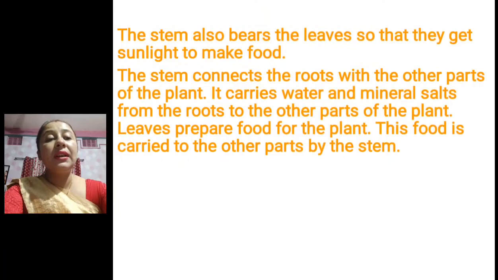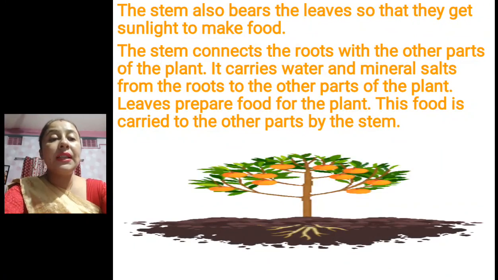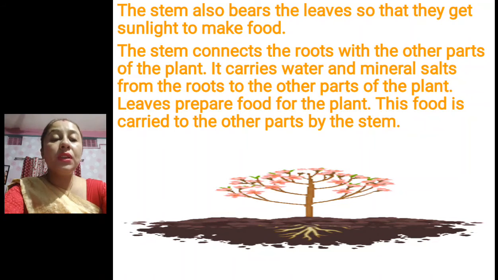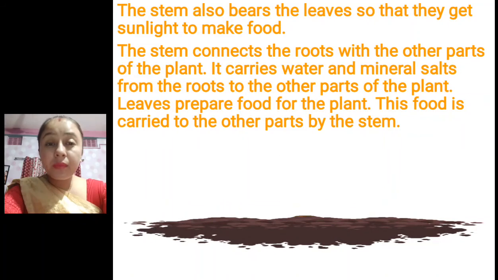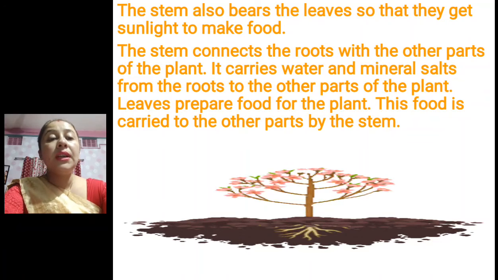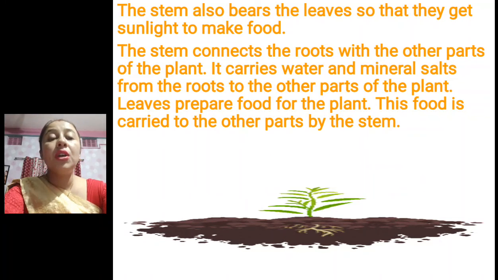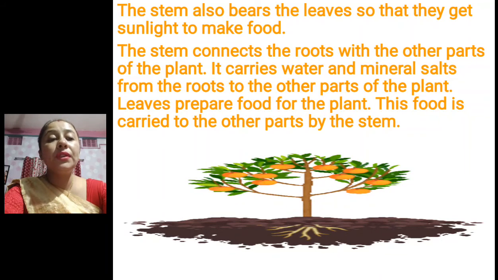Now children, let us see, the stem also bears the leaves so that they get sunlight to make food. So we know that in the stem only leaves are there, and these leaves help plant to prepare their own food. The stem connects the root with other parts of the plant. It carries water and mineral salt from roots to the other parts of the plant. Leaves prepare food for the plant.